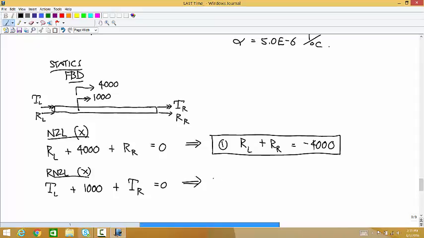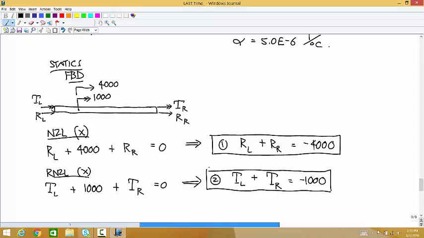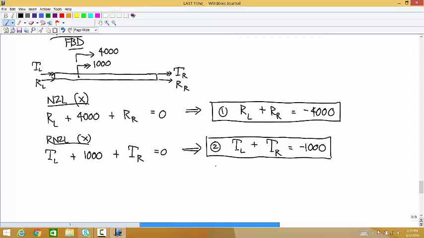And so our second equation says fancy TL plus fancy TR is equal to negative 1,000. And that's all we can get out of the statics. So we have two equations, four variables, and so this is statically indeterminate.